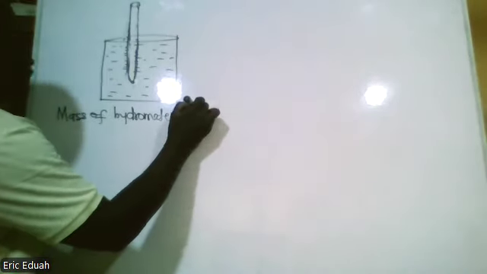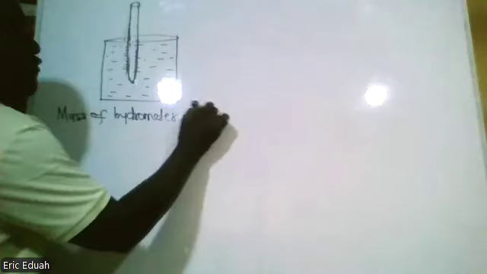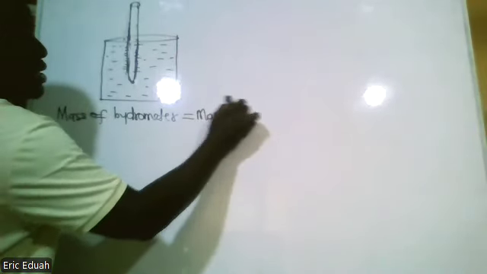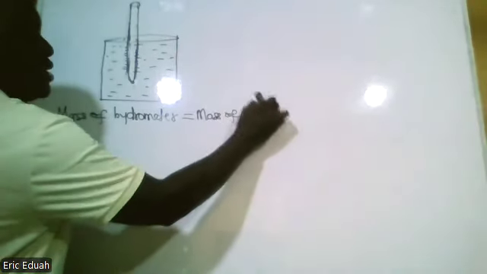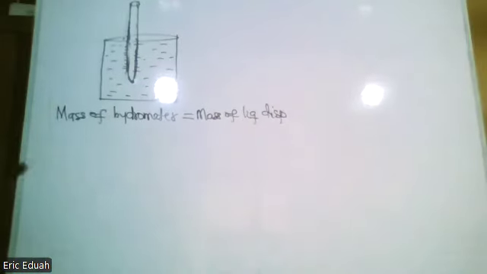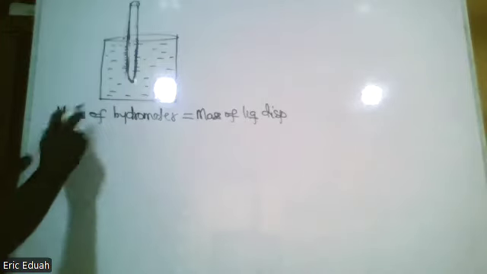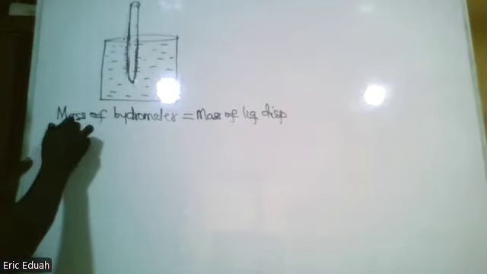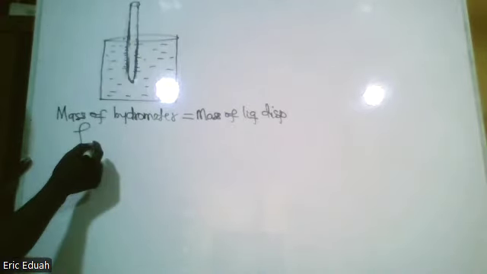equals mass of liquid displaced. Now, mass of hydrometer is also density. Usually, this can be given.